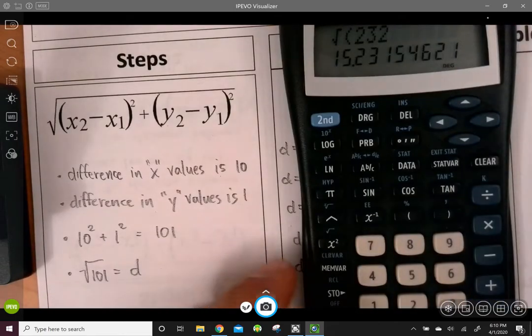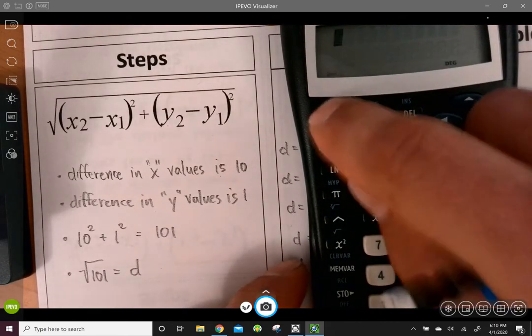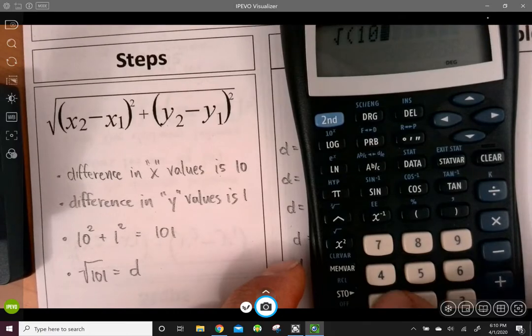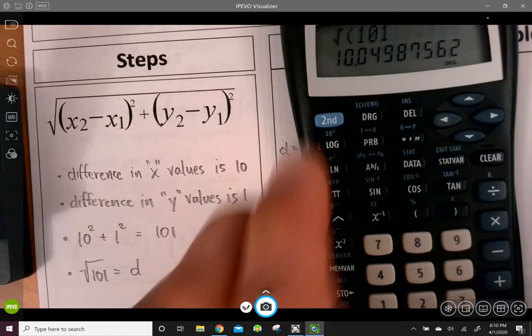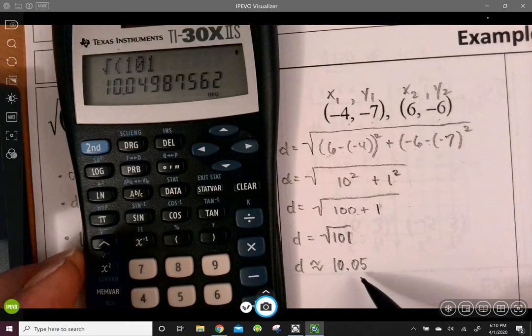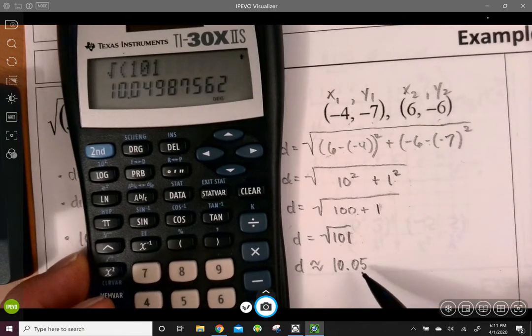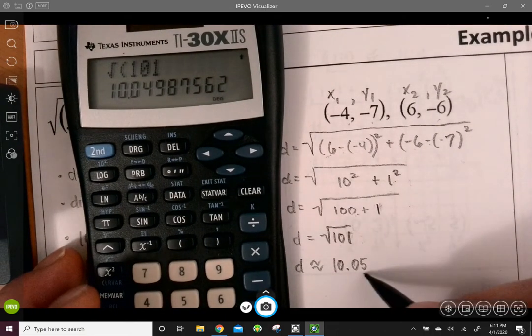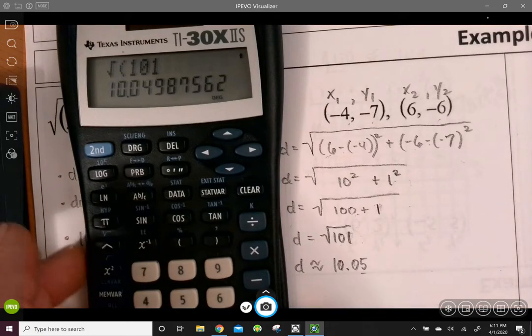Check it out for yourself. The square root of 101 is equal to 10.049. So we rounded that one to the hundredths place.